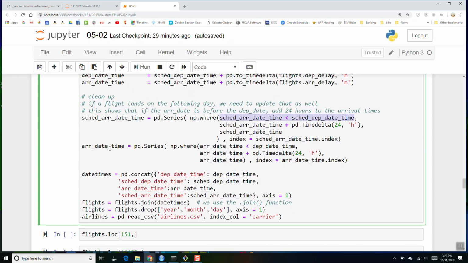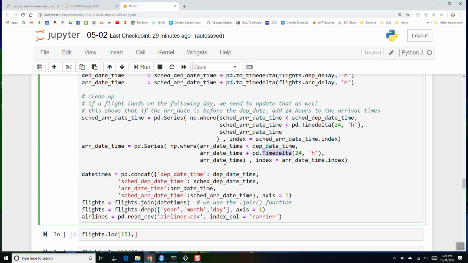But here I just say if the arrival time is somehow smaller than the departure date, if the date assigned to the arrival time ends up being back in time compared to the departure date and time, then add 24 hours to it.